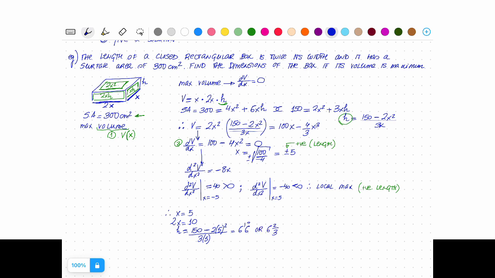And they want the dimensions, so I just need to give the answer. The box is 5 by 10 by 6.6 recurring centimeters. These are the dimensions. I answered what I wanted, box it, and I'm done.